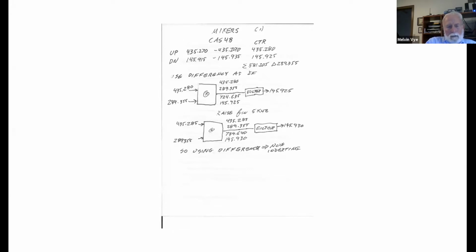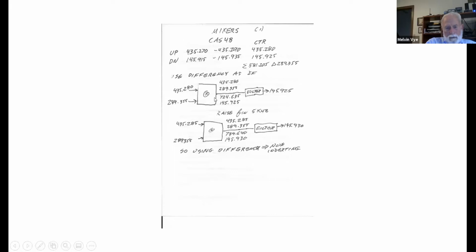So if we look at this now, and first of all, I'll use the difference frequency, that's 289.355, and I'm going to put that in to a terminal that we'll call a local oscillator or intermediate frequency. And then up here is the input frequency, the UHF frequency, 435.28. So what comes out? The 2 frequencies that I put in, 435.28 and 289.355, and their sum, 724.635, and their difference, 145.925.